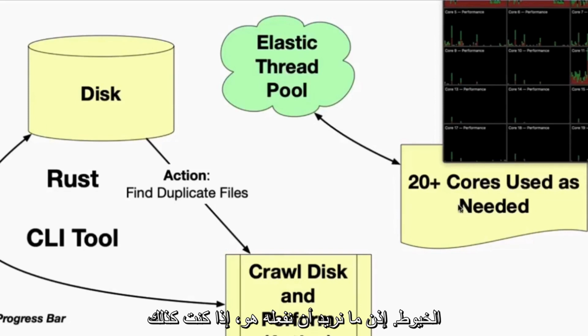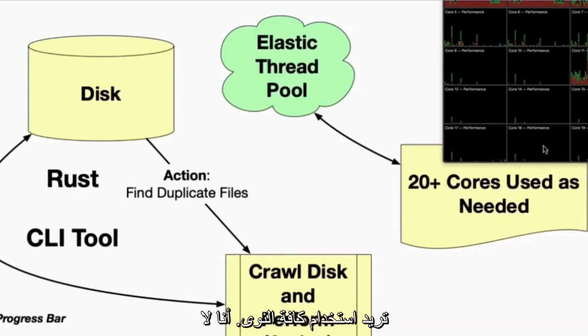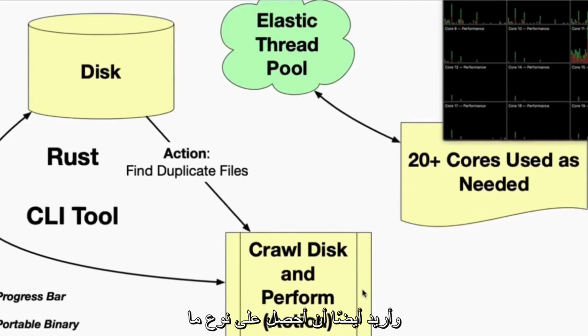So what we want to do is, if I'm running something on my 20-core Mac, I want to use all of the cores. I don't want to use one of the cores and just be kind of thrashing back and forth here. And I also want to have some kind of action that is going to use a progress bar. I want to distribute my portable binary. And I also want it to be very, very fast and efficient so that I can build high performance data engineering tools. So that's really the goal here.